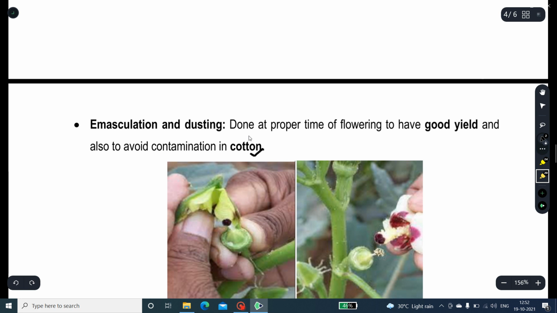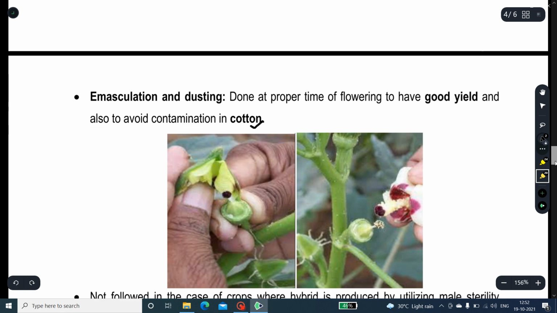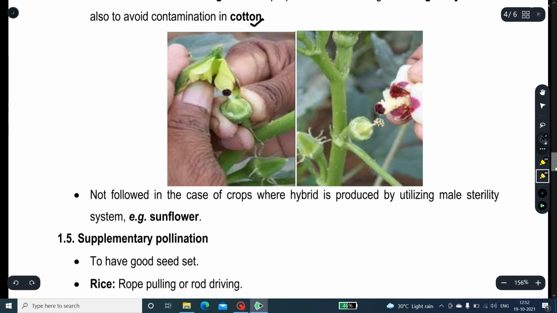So it should be done at the proper time of flowering to have a good yield and to avoid contamination. This technique is not followed in crops where the hybrid is produced by utilizing a male sterility system. It is very easy because manual practices are not used there. An example here is sunflower.